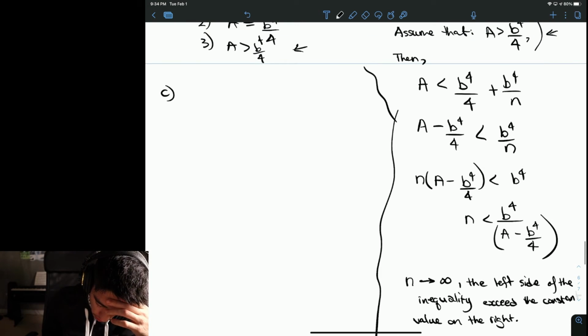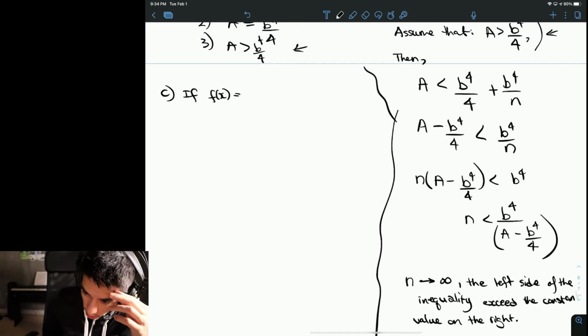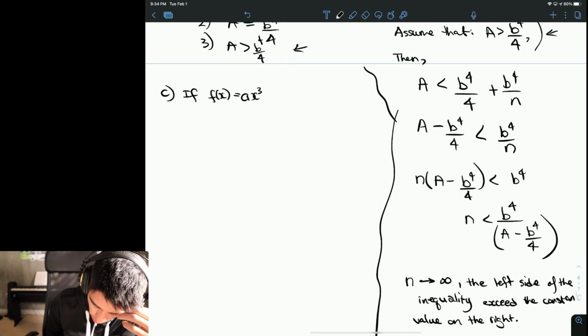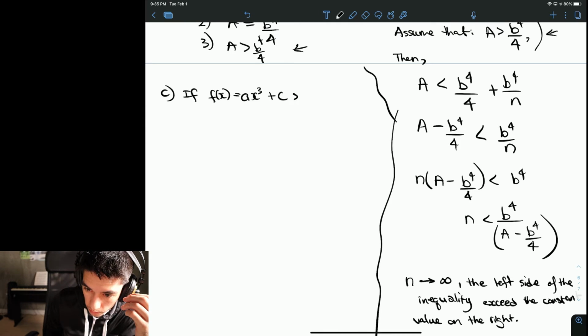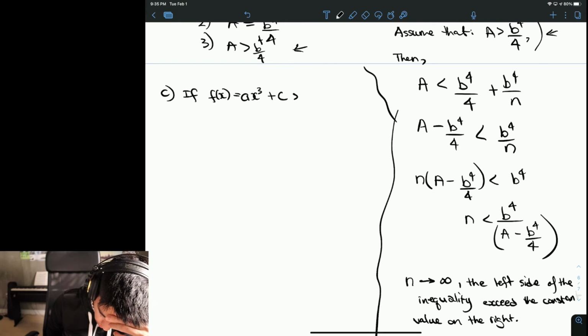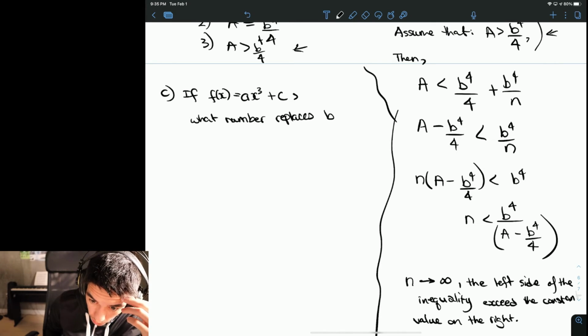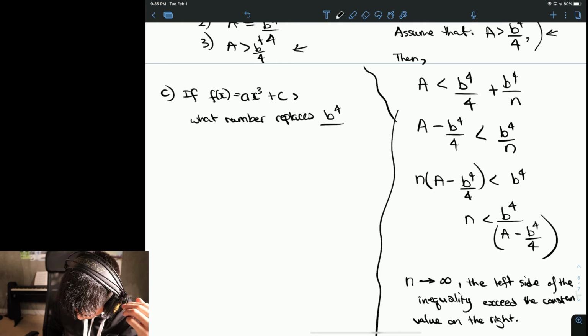So like if f of x equals ax cubed plus c, what number replaces b^4 over 4?